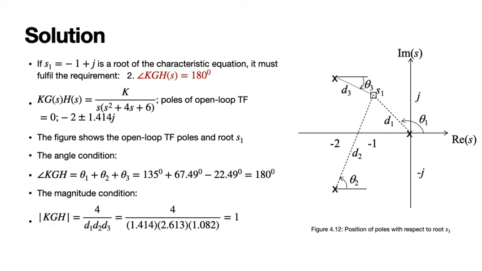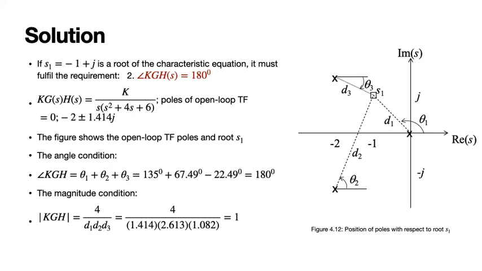Since s1 is one of the roots, we have to determine the angle from the poles to this s1. We have three poles here, and we need to determine the angle of these poles to the point s1. Let's say my first pole is 0.